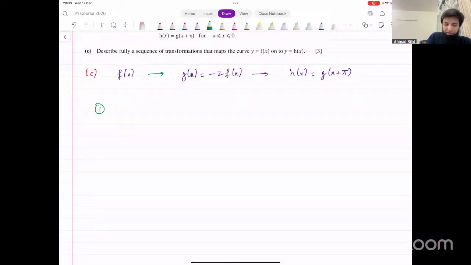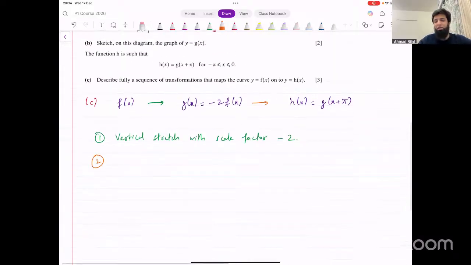Let's start from that. We can say it's a vertical stretch with scale factor -2. That's one transformation that's happening. And then the other, what are you doing to the function g now?